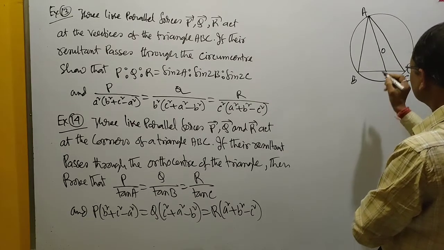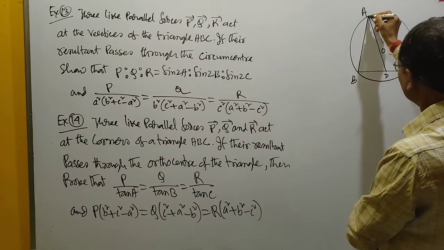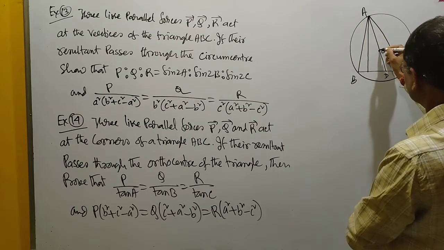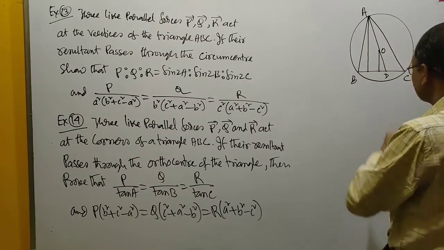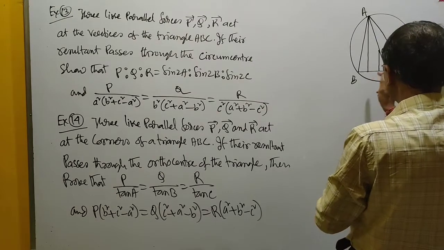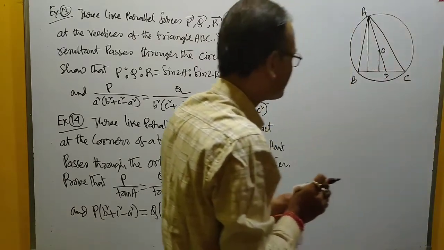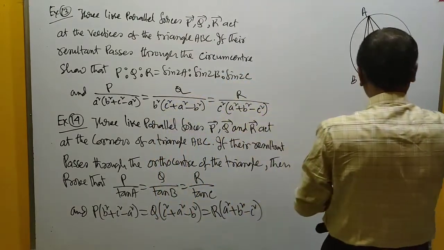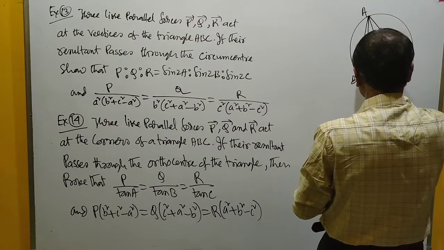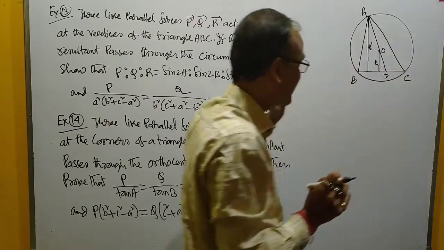Suppose this is B, D. We draw these two perpendiculars. Suppose the length of the perpendicular is h and the other is h dash.